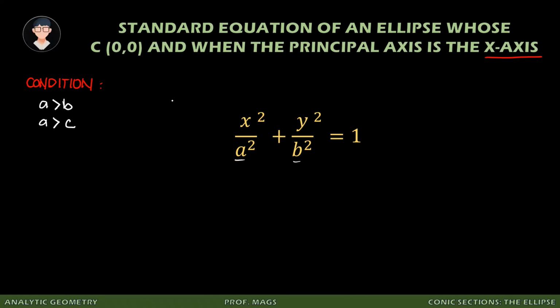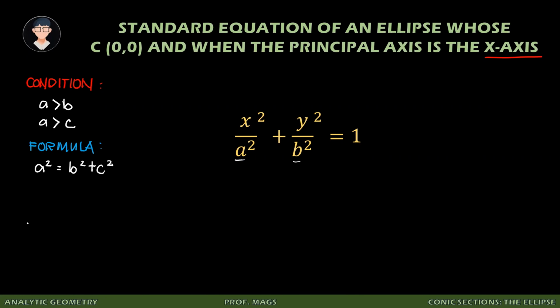And let's say ang ating given ay value of a and value of c. You cannot formulate this standard equation. So what you're going to use is this formula. Our formula is a square is equal to b square plus c square. Take note, this is not equal to the Pythagorean theorem, okay?